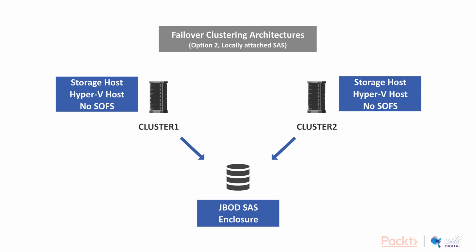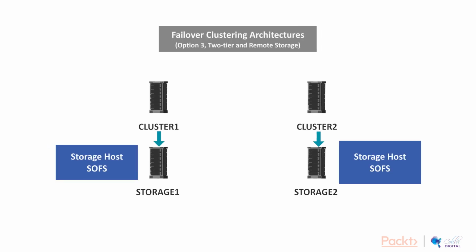Now, the configuration is great if you've got a single use situation. Perhaps you've just got a couple of Hyper-V hosts that you want to concatenate together to support some virtual machines. But as you start needing to expand beyond the low complexity use case, we get to our third option here, and that is a two-tiered environment that involves the use of remote storage. Basically, in this environment, we still have our cluster nodes, which are themselves connected to a separate set of storage servers.